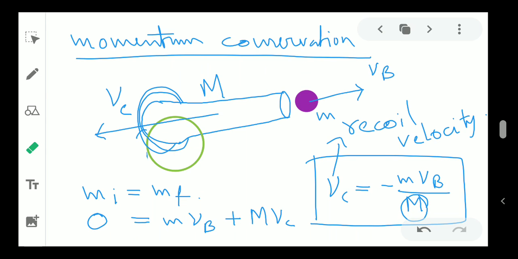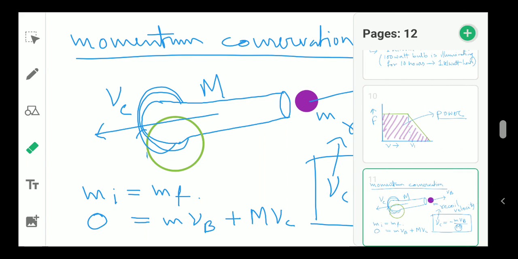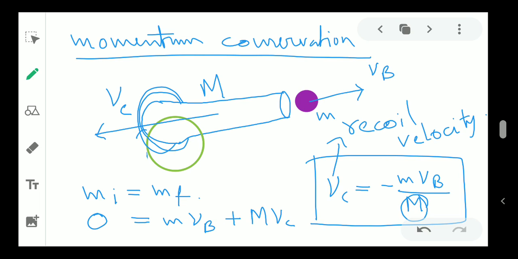Talking about momentum conservation, one more case happens here: the initial and final momenta are vector quantities, so we can always treat them as vector quantities.